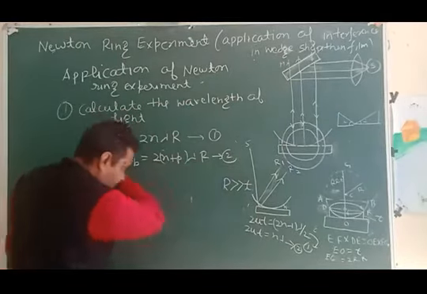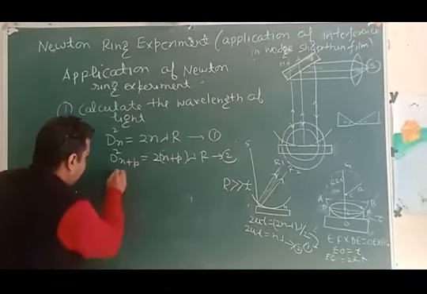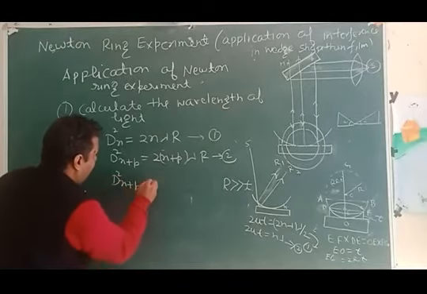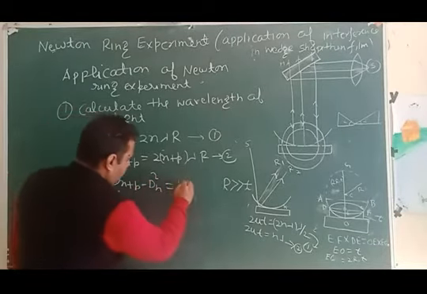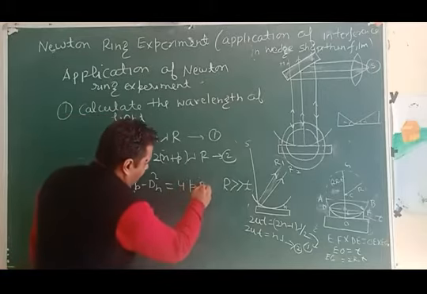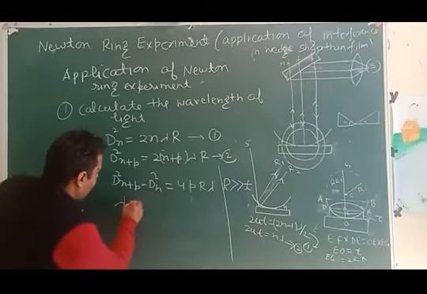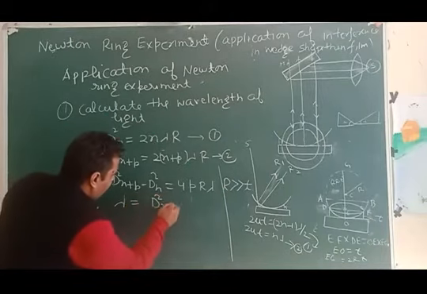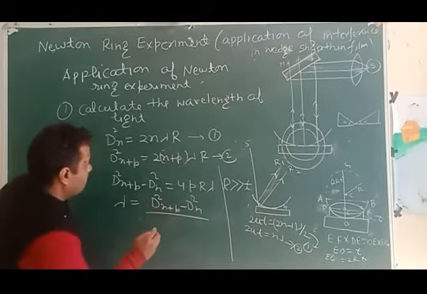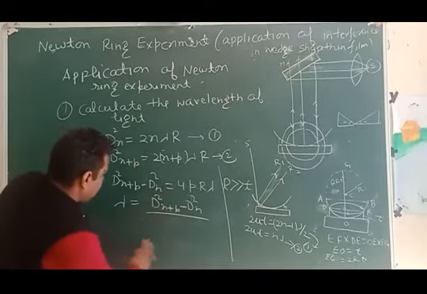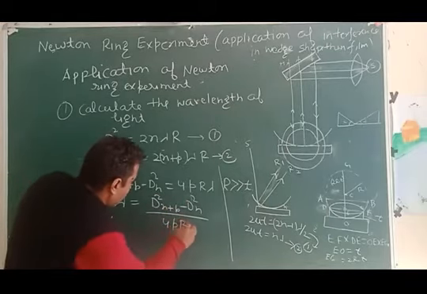So by subtracting this, d square n plus p minus d square n is equal to 4 p r lambda. Now lambda is d square n plus p minus d square n upon 4 p r.